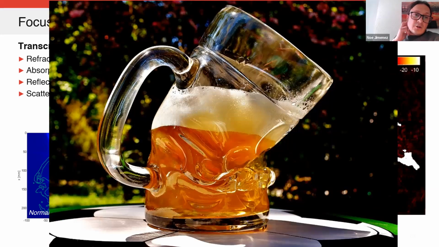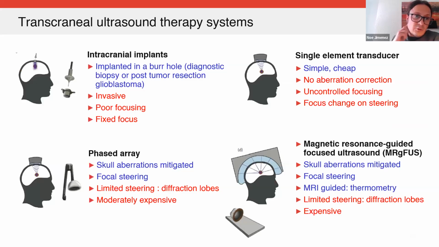There are some solutions to this. The most intuitive one is to get rid of the skull and put the transducer below the skull. People do this actually when you need to open the skull in order to resect a tumor, and then you put some transducer in order to open the blood-brain barrier and provide chemotherapy to treat the remaining tumor cells.